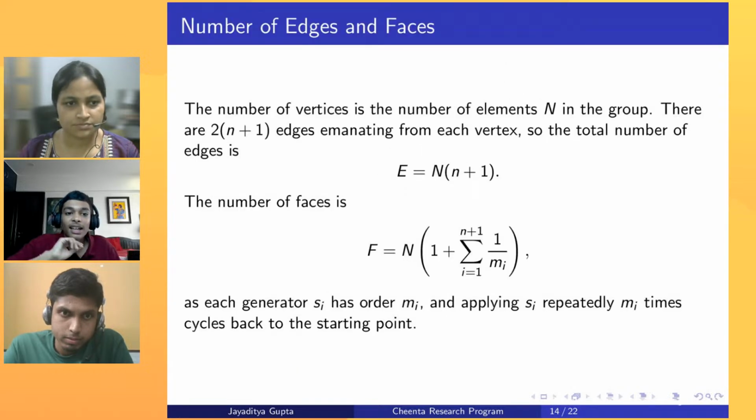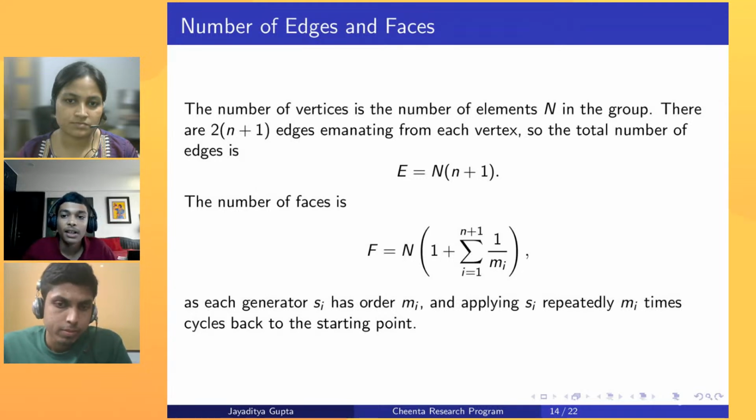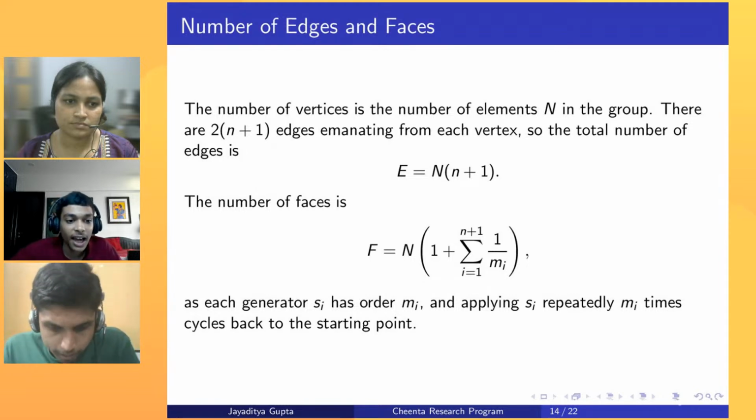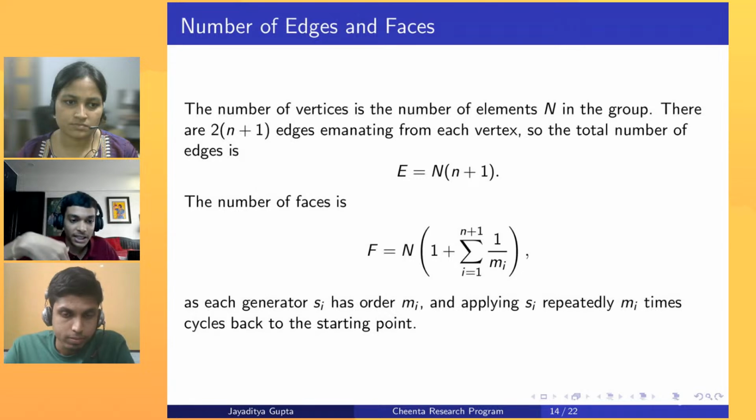Now we take a look at the number of edges and the number of faces in the group diagram. So to calculate the number of edges, we calculate the degree at each vertex. Now there is one edge of S_i coming into each vertex and one edge of S_i going out of the vertex.